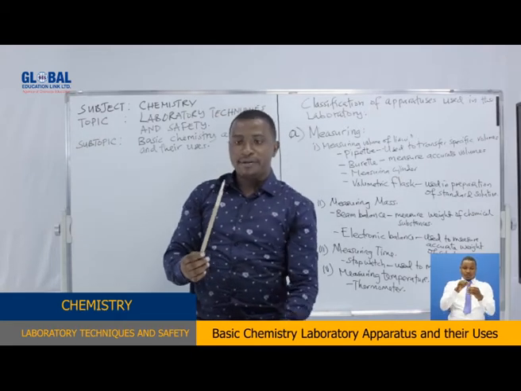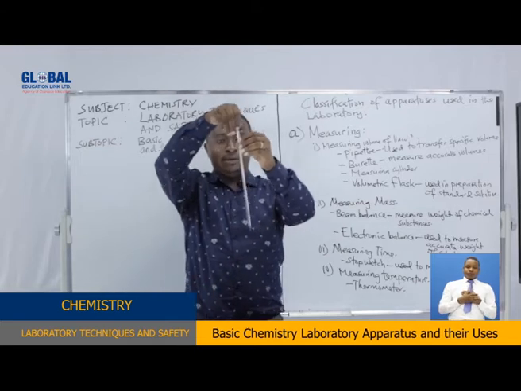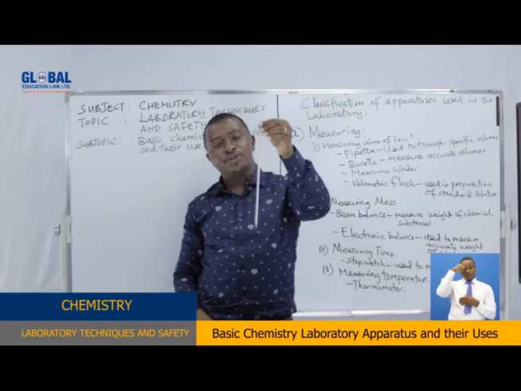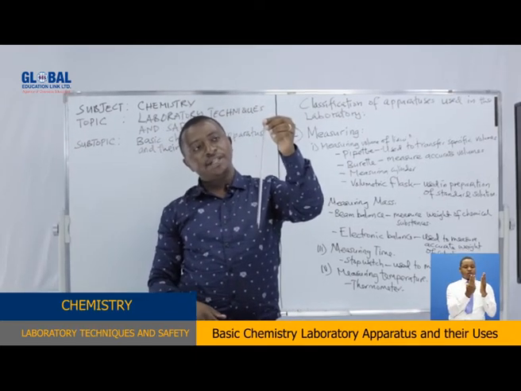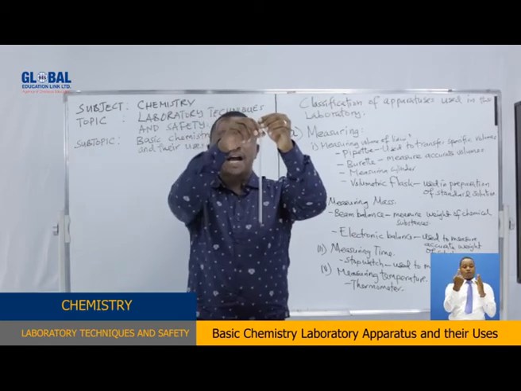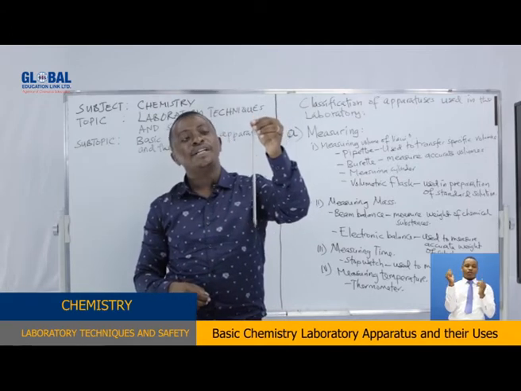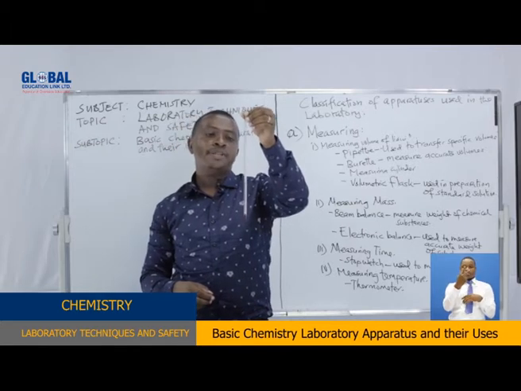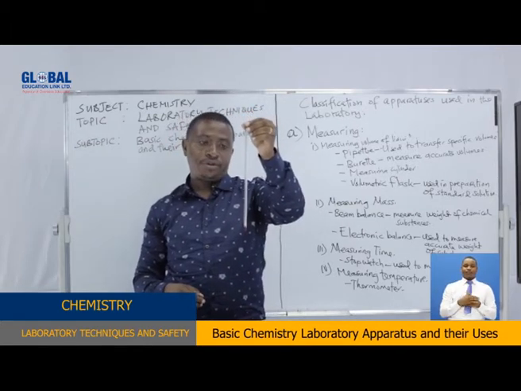So just open. This is a thermometer. Most of the thermometers used in the laboratory are calibrated. Some are calibrated from 0 centigrade to 100 centigrade, and others from negative 10 centigrade to 110 centigrade. And most of the thermometers found in the laboratory are made of mercury.